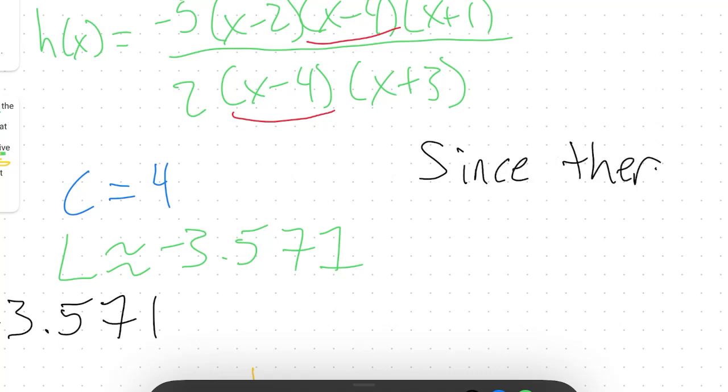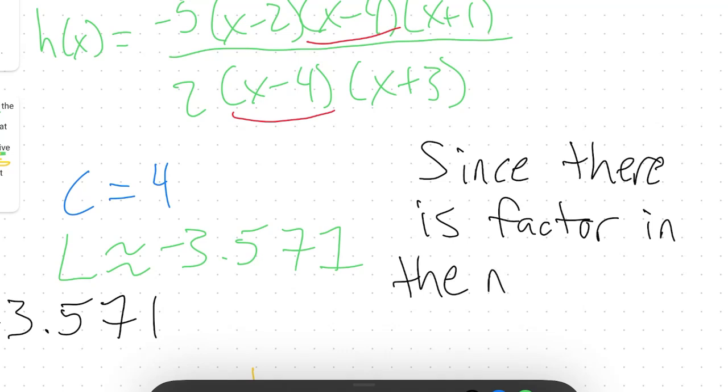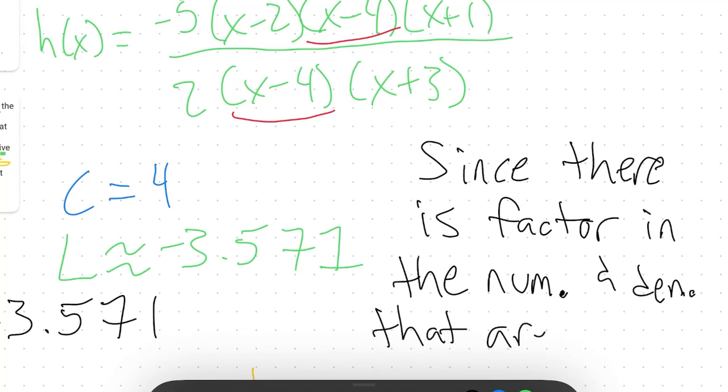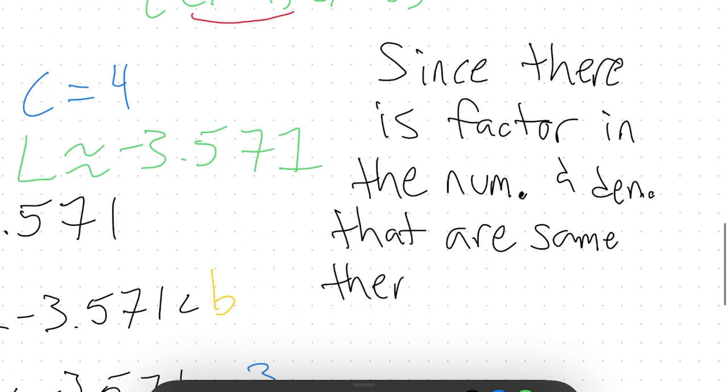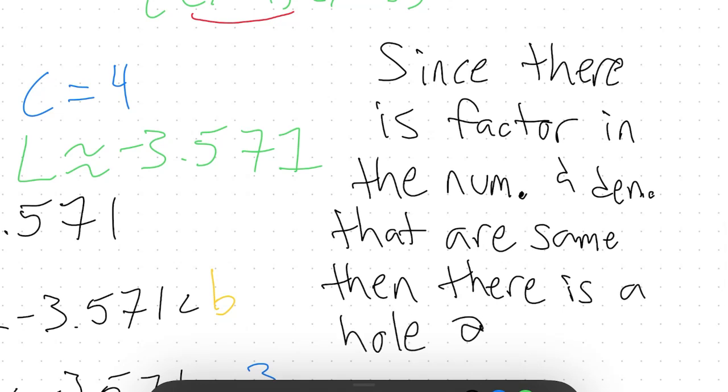Since there is a factor in the numerator and denominator that are the same, then there is a hole at x equals 4.